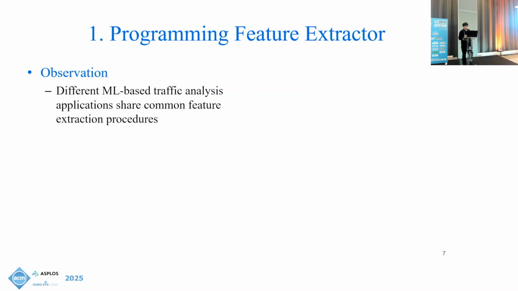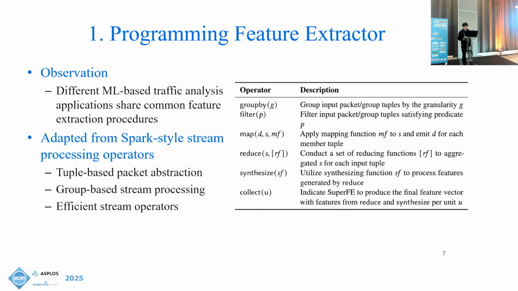For example, selecting interested traffic, grouping traffic into multiple groups, mapping intermediate statistics, and producing and composing the final feature vectors. As a result, we adapt our SuperFE policy interface from Spark-style stream processing operators and design a tuple-based packet abstraction, group-based stream processing, and efficient stream operators.